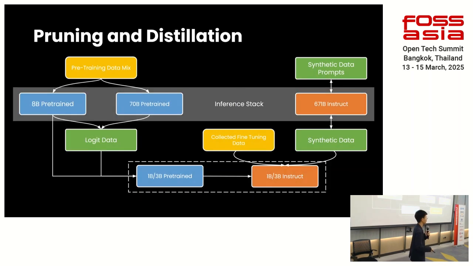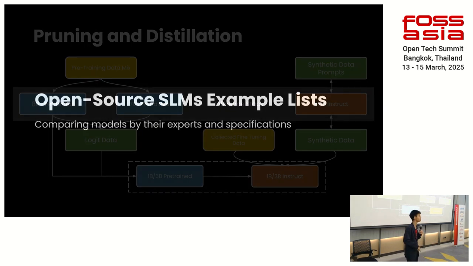So there are solutions called pruning and distillation from big models, from a pre-trained data mix, and we use the inference stack and get the logit data. Since they used the first pre-trained model and made it into 1 billion parameters and also 3 billion parameters, but actually, if you have some synthetic data prompts, you can use them to fine-tune it and get instruct versions of models.